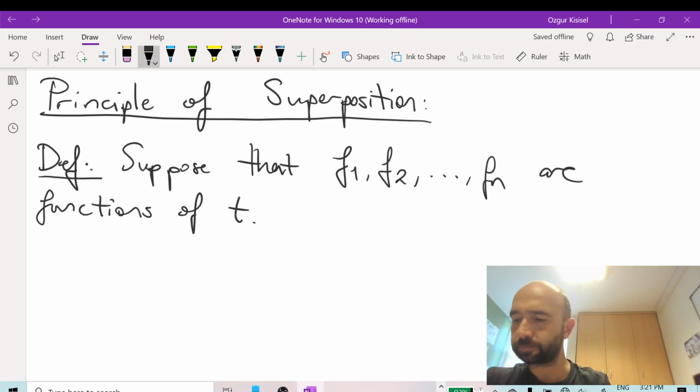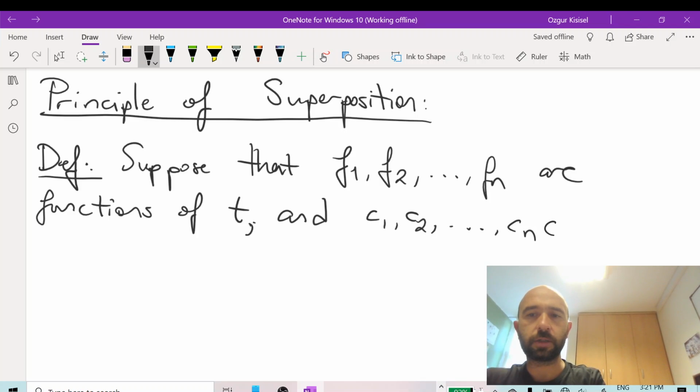And also assume that c1, c2 up to cn are certain real numbers.